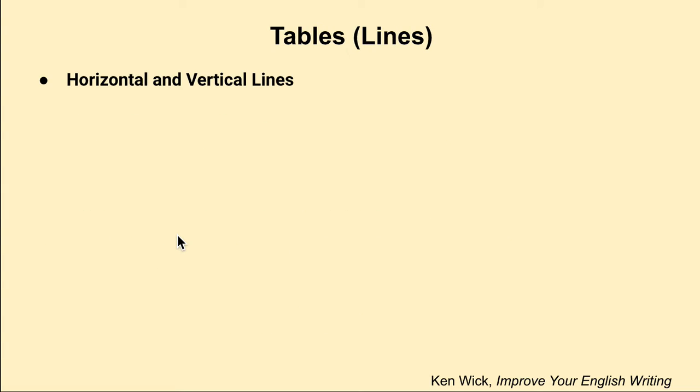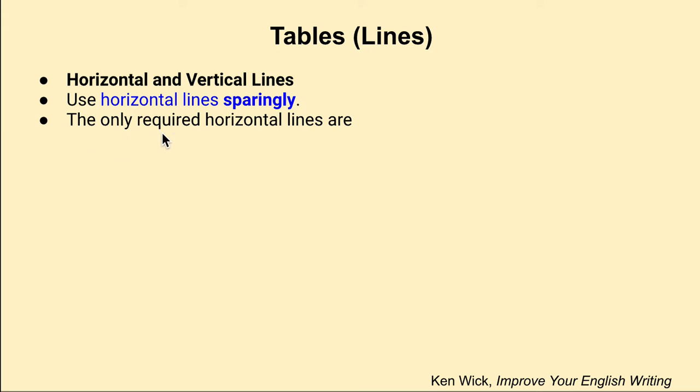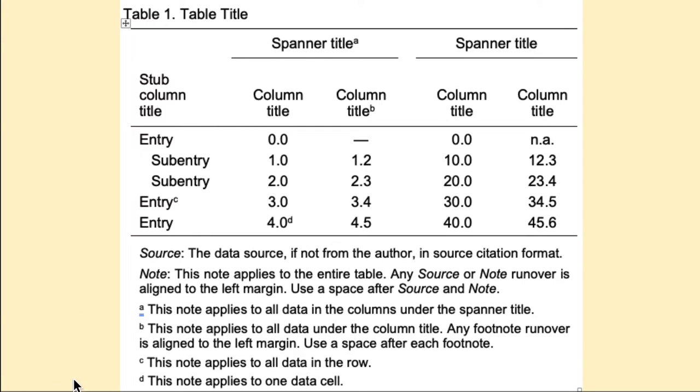What about lines, horizontal or vertical lines? I use horizontal lines sparingly. It doesn't need to look like an Excel spreadsheet. The only required horizontal lines are below the table title. So here's the table title, this one.